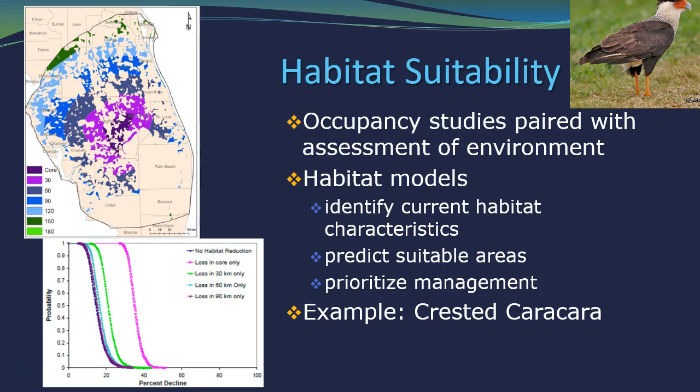And when we're looking at habitat, and we're trying to figure out not only where they currently are, but where they potentially could be, but we haven't seen them yet, we would do something called a habitat suitability model. And in this case, what we're taking is the occupancy information from occupancy studies, and we're pairing them with the assessment of the environment that they were located in.